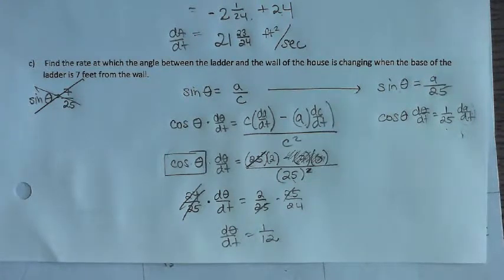What makes more sense? What's bigger, you said? 1/12 of a radian. 2 feet per second is pretty fast.